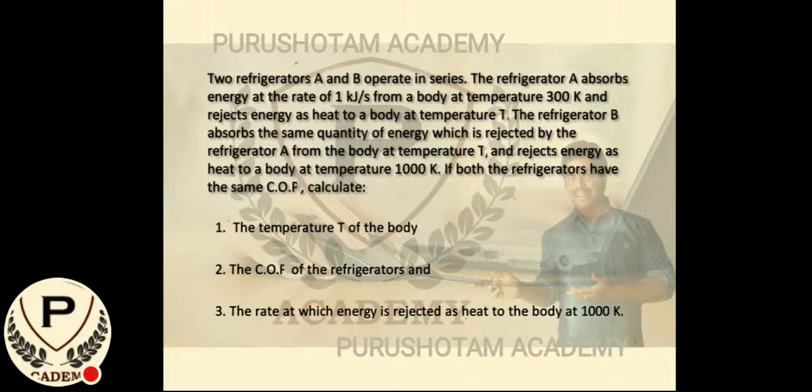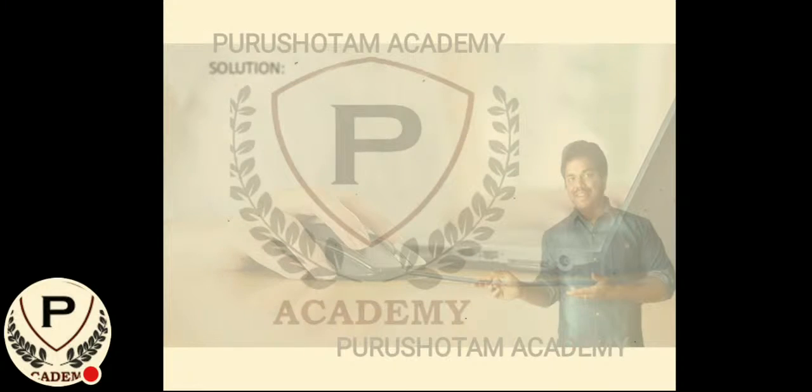Okay, so we have to find out that rate at which energy is rejected. So we have to find out capital T, the COP of capital A and capital B, and also the rate at which energy is rejected as heat to the body at 1000 Kelvin. Okay, so let's find out the solution.